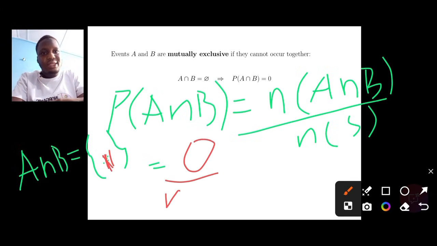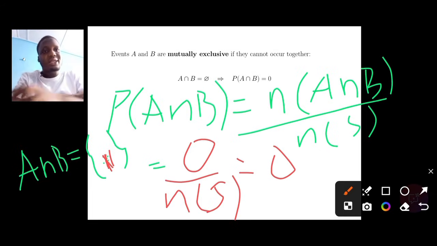So we don't even care what the sample space is. That's why we see that it's 0. So if the two of them cannot occur at the same time, that means that their intersection is empty. And if the intersection is empty, then the probability is also 0, because we divide the number of outcomes inside by the sample space. So if there are no outcomes, if they can't occur at the same time, then the probability is also 0.